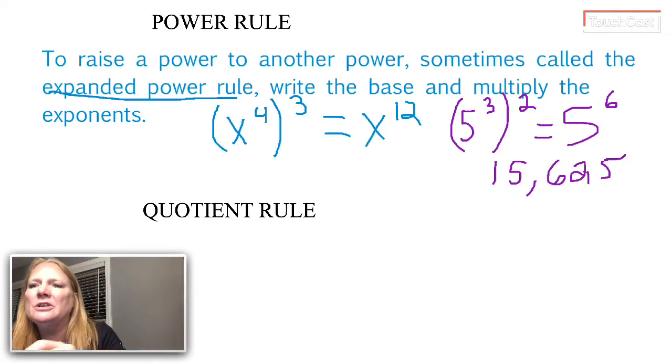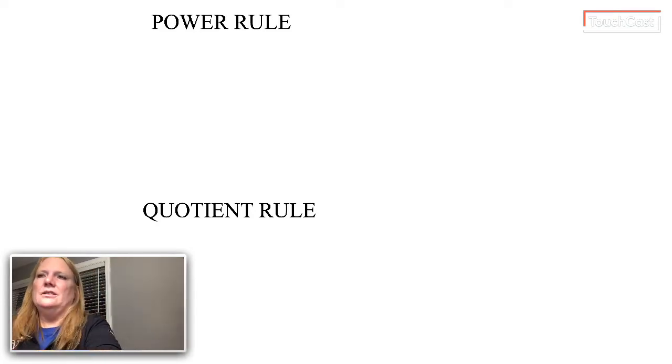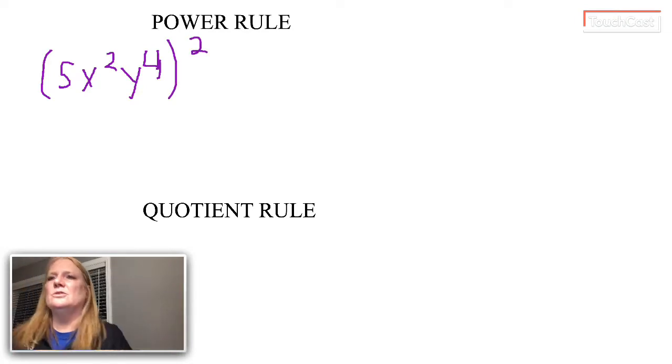But let me give you an example where you might have a little trouble. So maybe we have something like, let's see, I have 5x to the power of 2, y to the power of 4, and then all of this being raised to the power of 2. So we have to use the expanded rule because that power of 2 is going to be applied to each term.